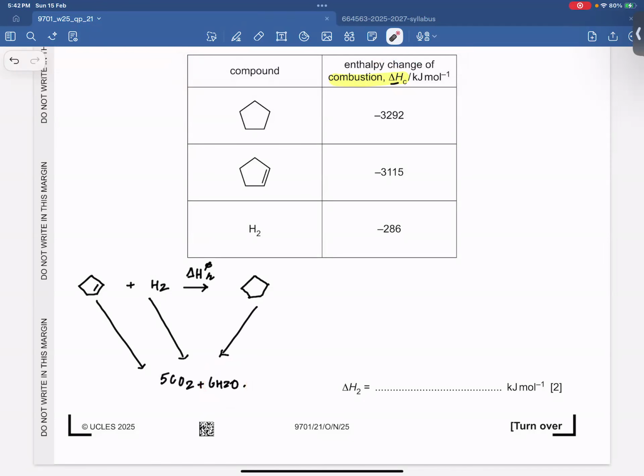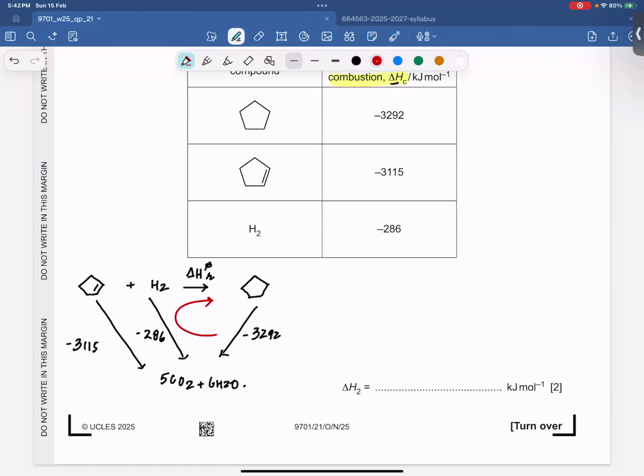So cyclopentene has a value of minus 3,115. Hydrogen has minus 286. Cyclopentane has minus 3,292. So let me draw a clockwise arrow in this thermochemical Hess cycle. This value and this value are going to be positive, and this value and this value are going to be negative. So let's equate the equation.